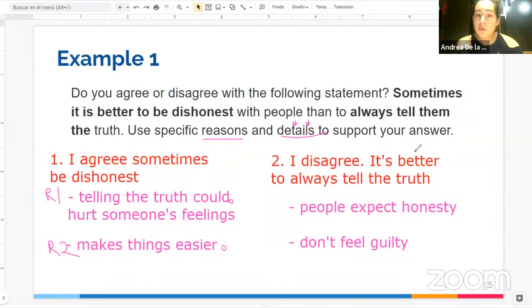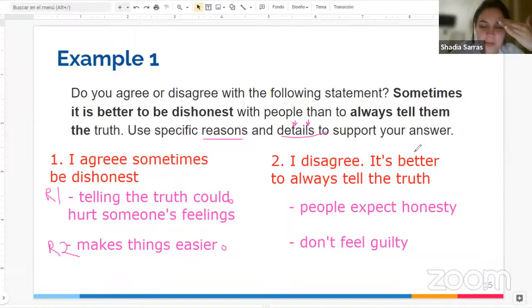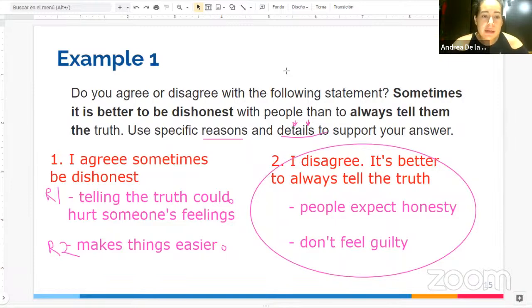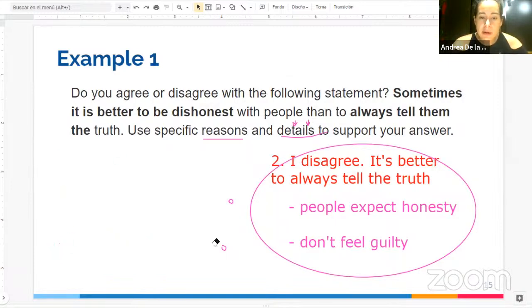We can write about both, so just pick one. The second. Okay. So let's go with the second. All right, and then we have already decided. We're gonna say that we disagree and that it's always better to tell the truth, no matter what. That's what we're gonna do.